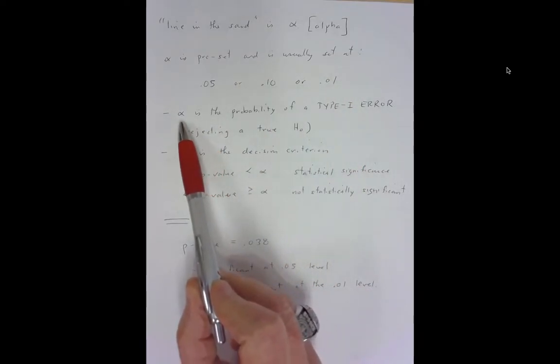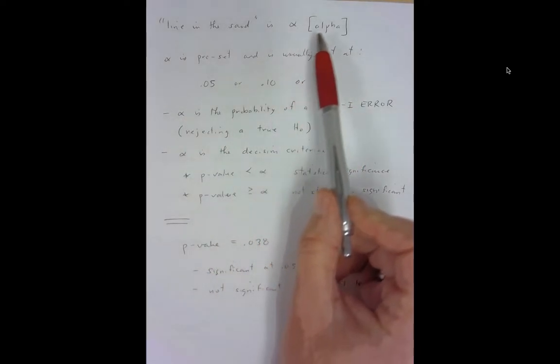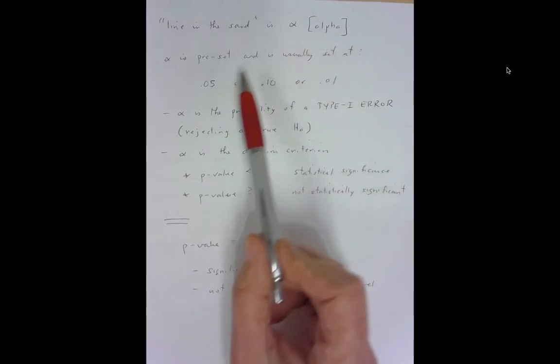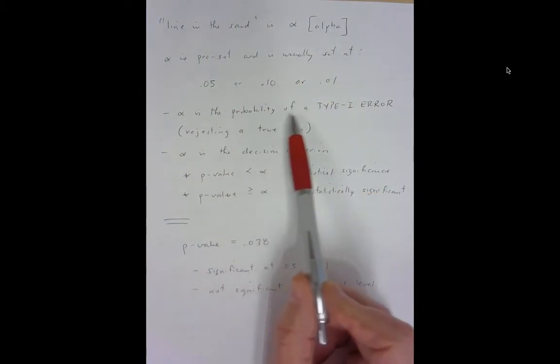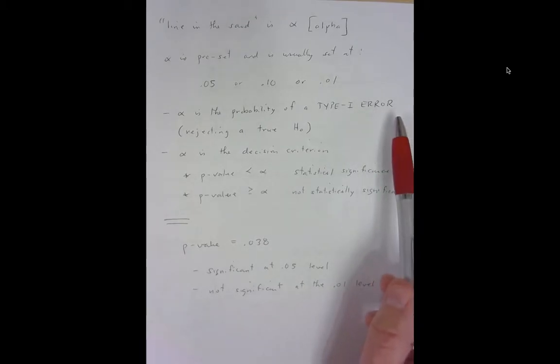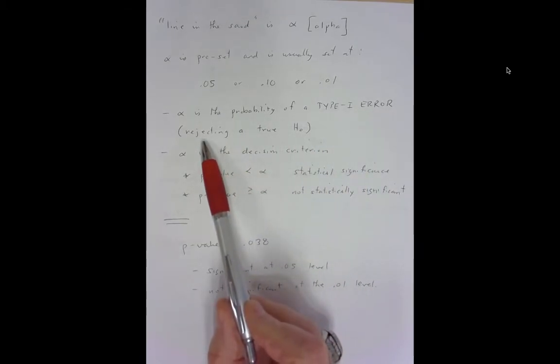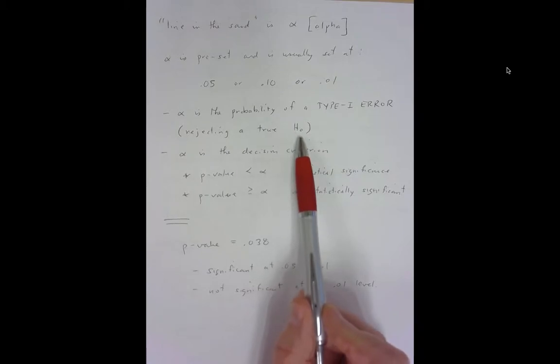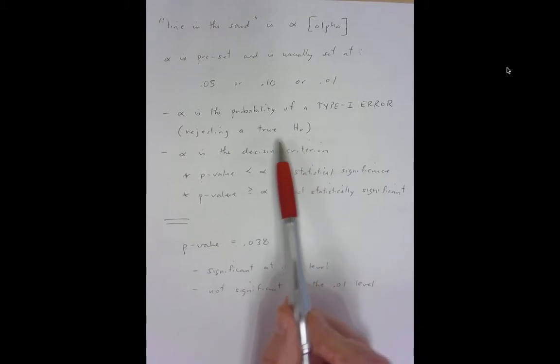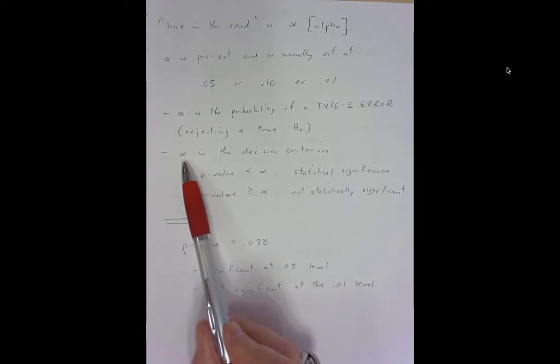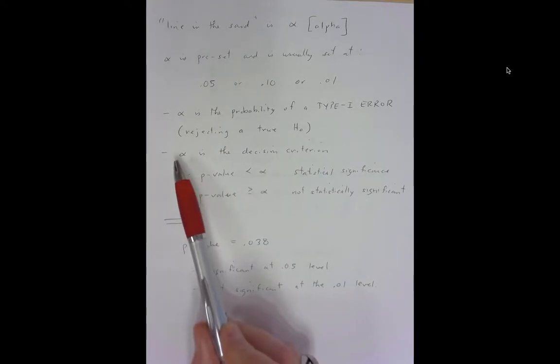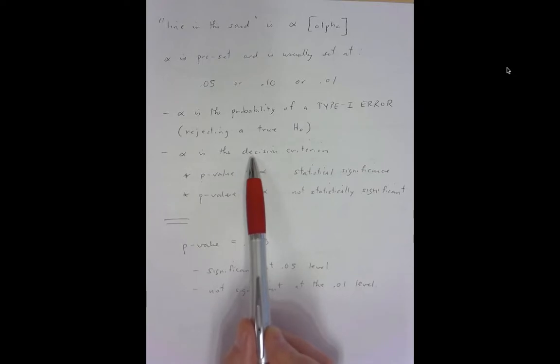Okay? So again, alpha, this value that we set before we start our test, is the probability of committing a type 1 error. More about that later. In other words, it's the probability of rejecting a true null hypothesis. So guys, most importantly, what I want you guys to tap into here, again, the focus, the emphasis, is that alpha is the decision criteria.